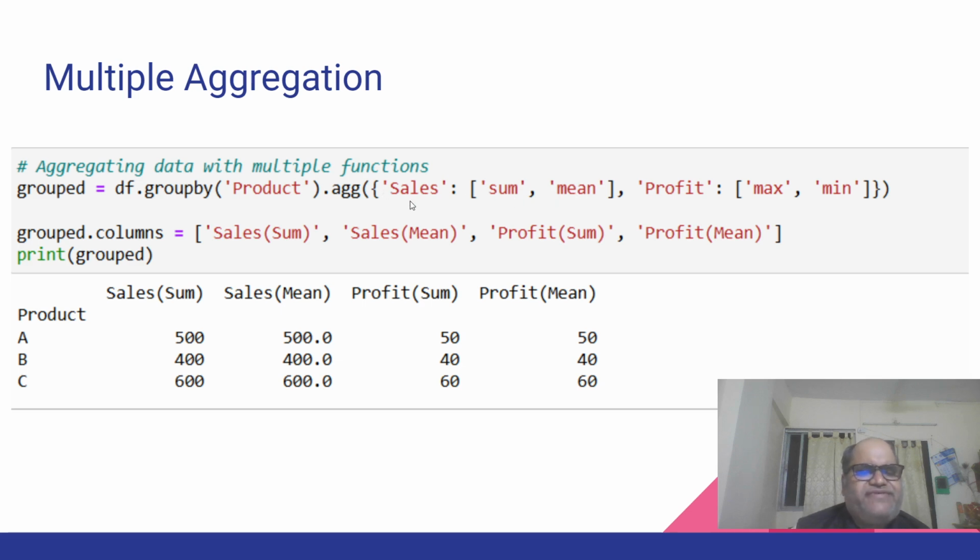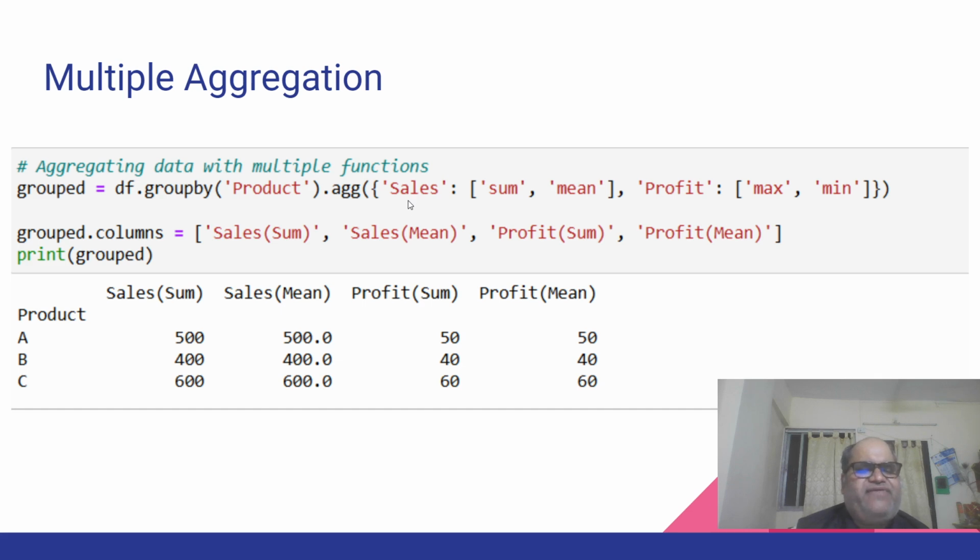The way you do is you specify the column name, and then a key value pair notation. In fact, inside the agg parentheses where it is closing, it is actually a dictionary, and this dictionary is the column name followed by a list of aggregate functions that you want to apply. So here you wanted to apply sum and mean. Then on profit you wanted to apply max and mean, for example. Individual sales and profit are separated by comma. So this is how you can do it.